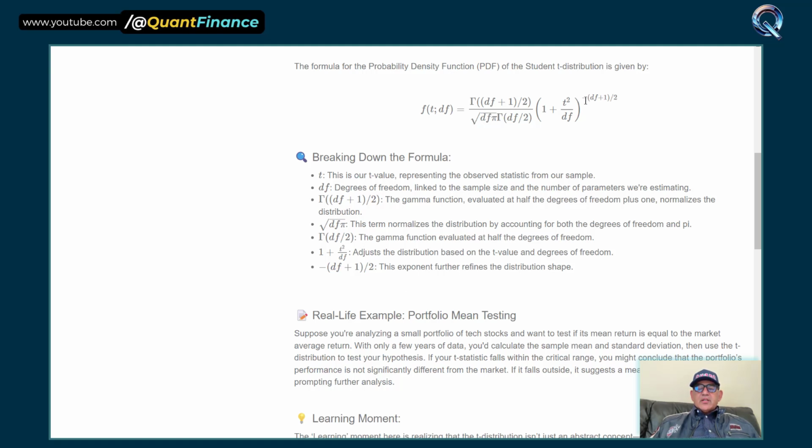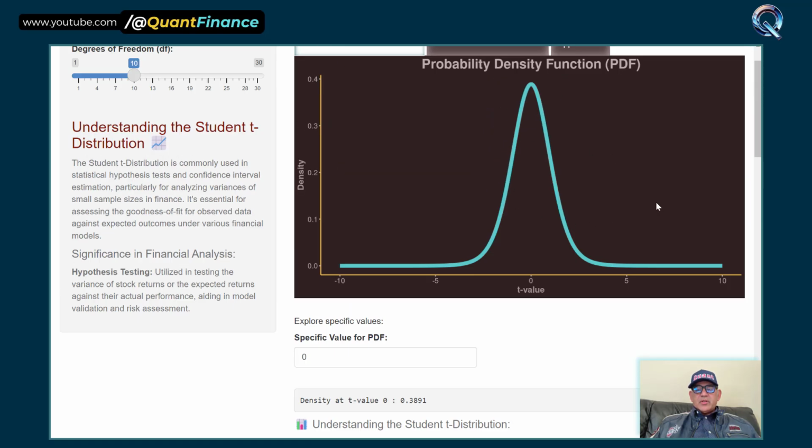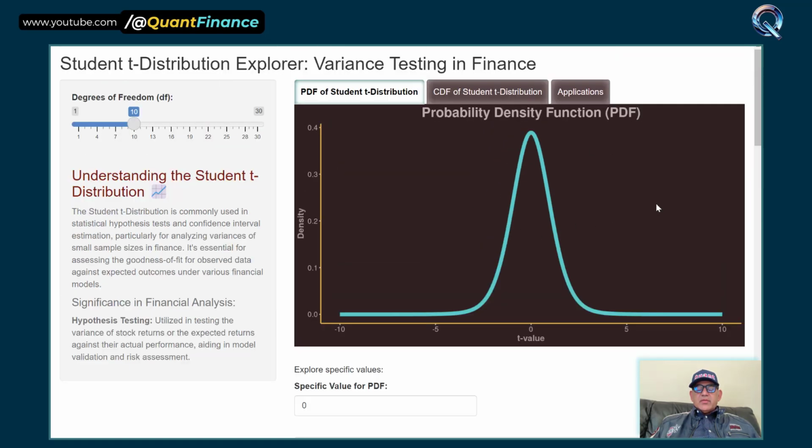And this exponent part also defines the shape of the distribution. So this is a very complex formula, but we tried to understand it by breaking it down into these parts.